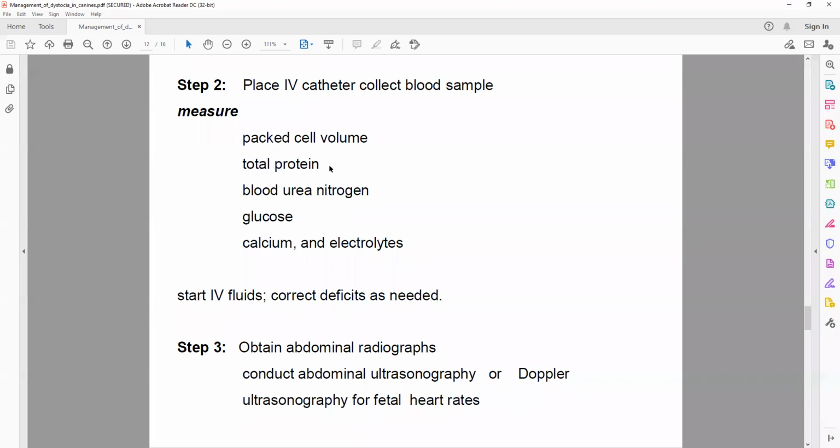Then blood urea nitrogen, why it is important: suppose blood urea nitrogen is very high, it is abnormal. So now you can make a presumptive conclusion that kidney function is compromised.